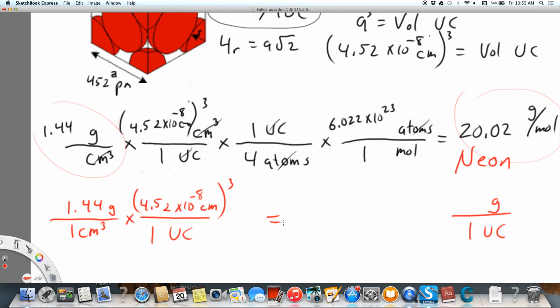Now we're going to get the mass of the unit cell. And that comes out to 1.33 times 10 to the minus 22 grams per unit cell.